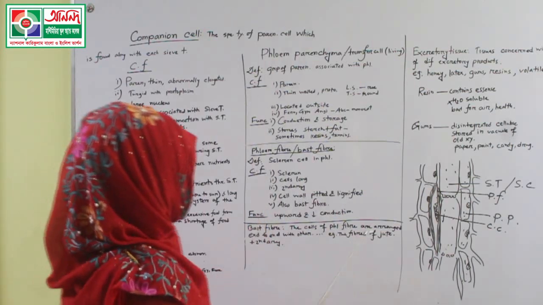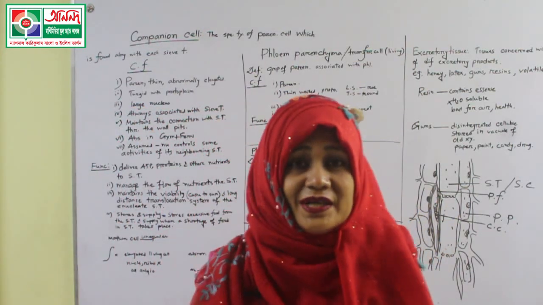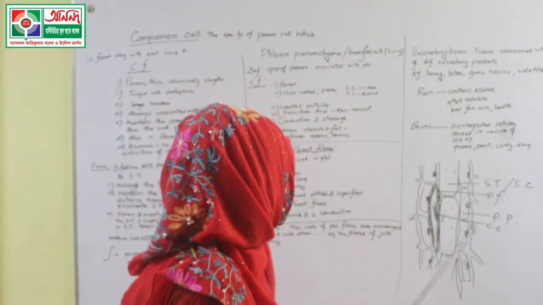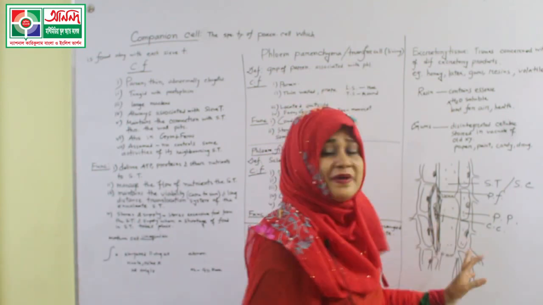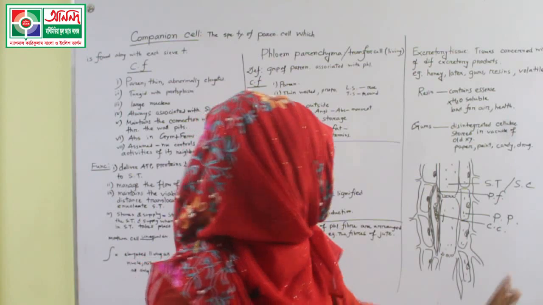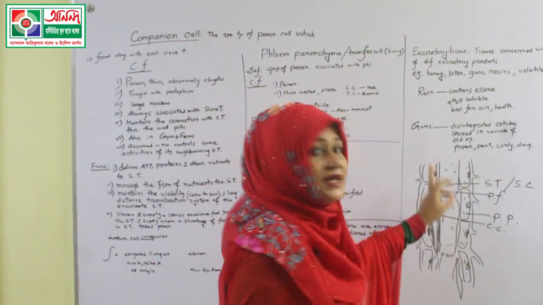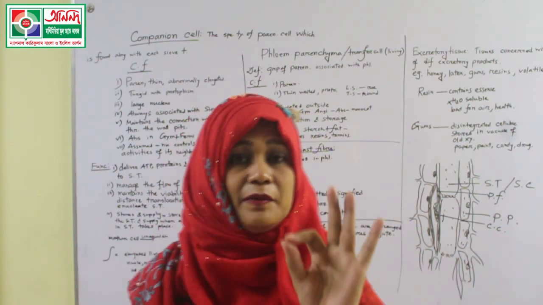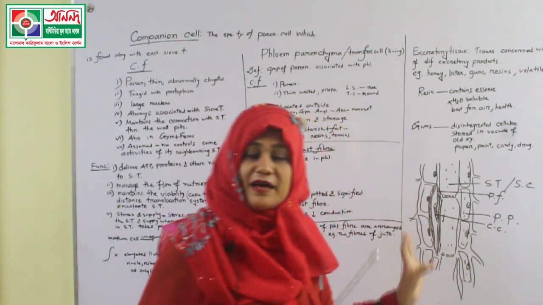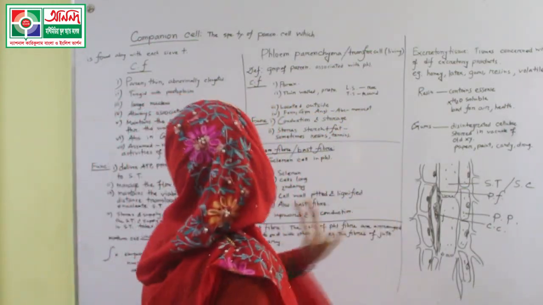And you know, students, the wall of the companion cell is more or less pitted. That means with small pores or small holes, and with the wall pits, it remains connected with the sieve tube. That means on the wall of the companion cell there are pits, holes, cavities, and with the help of these cavities they remain connected with the sieve tube.